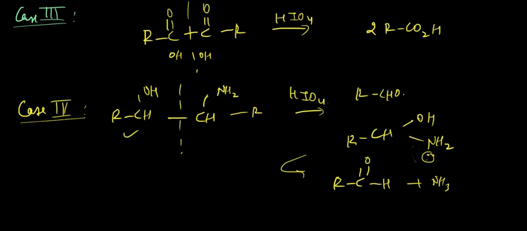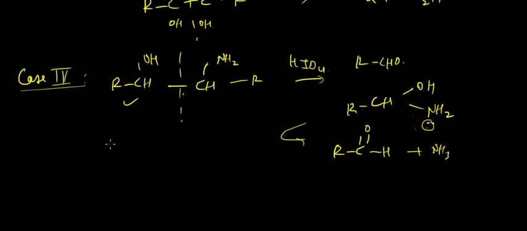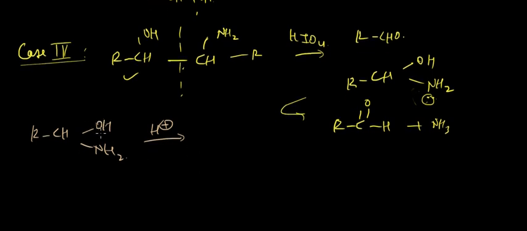So let's understand this. This is a very important concept, and I want you to understand this. Let's suppose in this case we had an acidic medium. HIO4 is a strong acid. So now out of the two atoms, oxygen and nitrogen, which will attack the H plus? Obviously the nitrogen atom. Why?